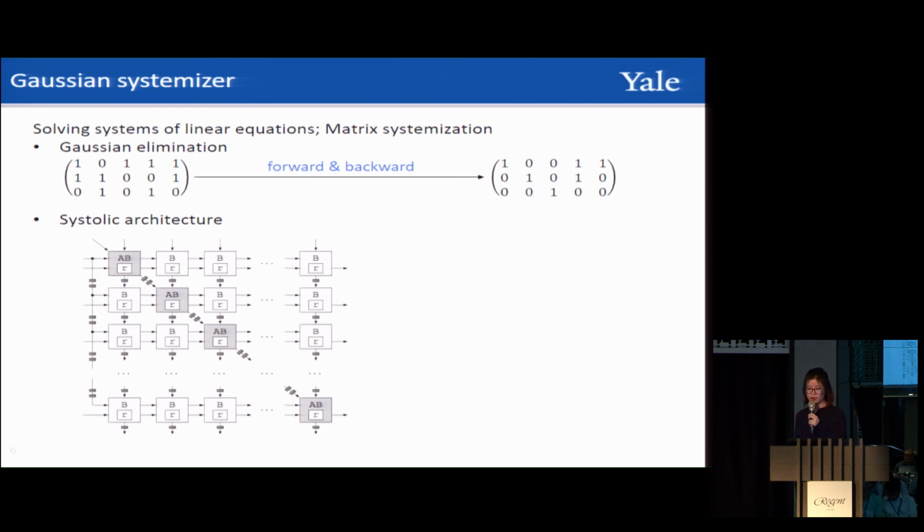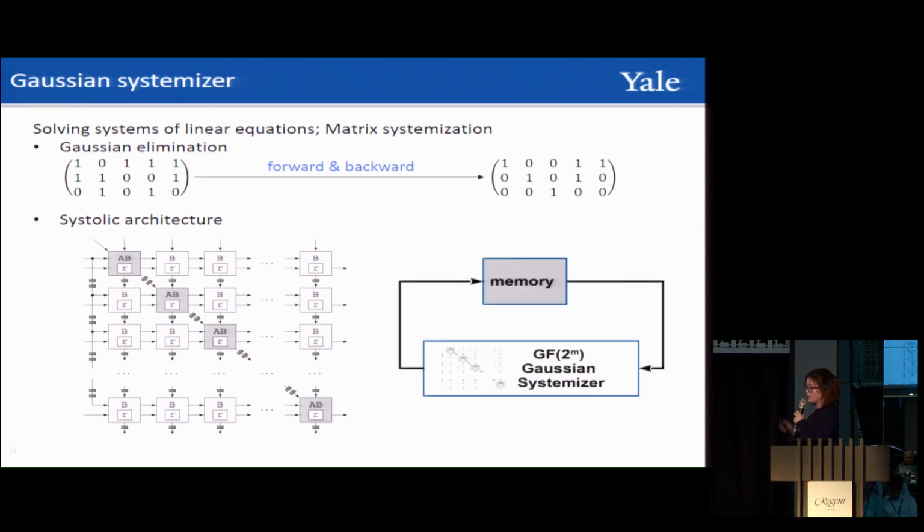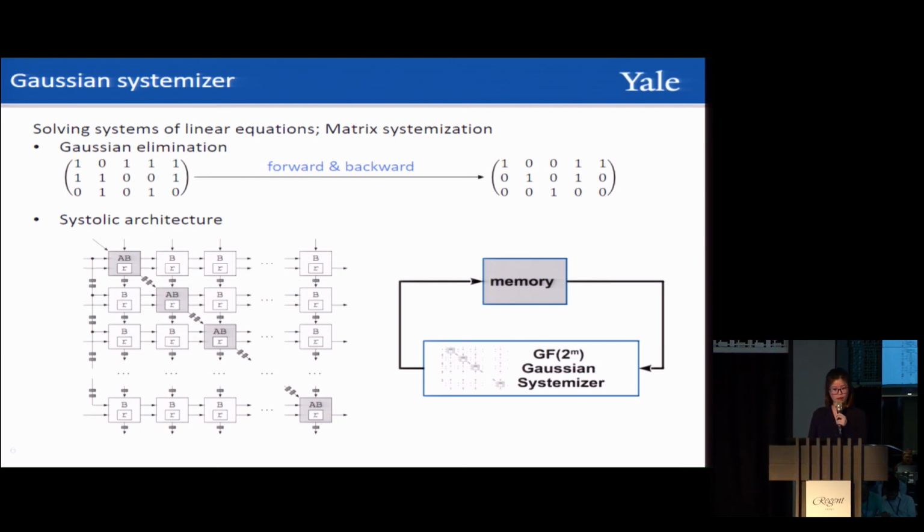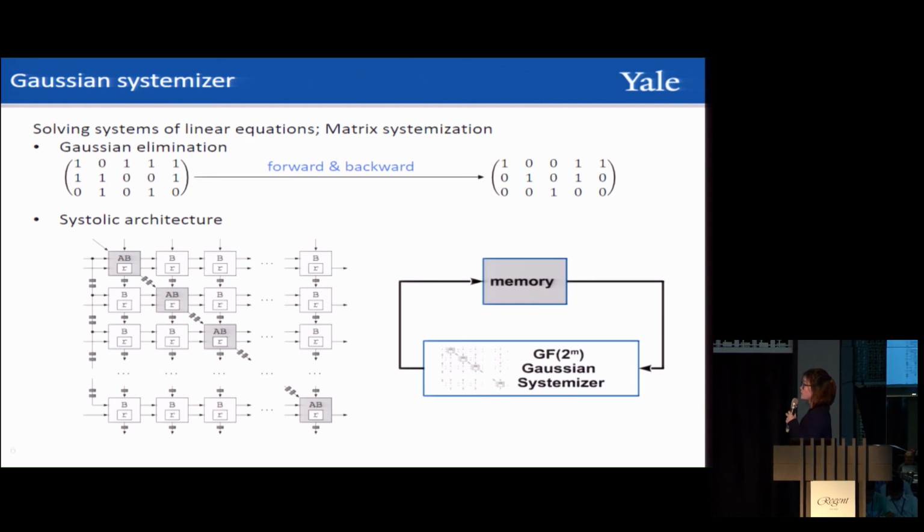And then how does this architecture work for huge matrices? So we developed such an interface. What we can do is divide the huge matrix into smaller column blocks, and the size of the column block equals the size of the architecture that you want to build.